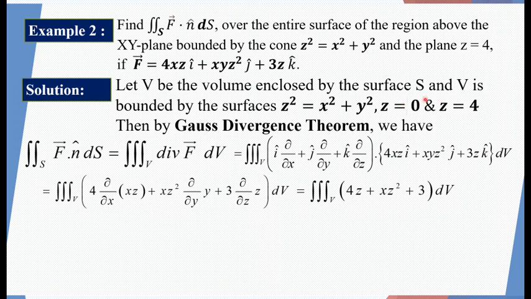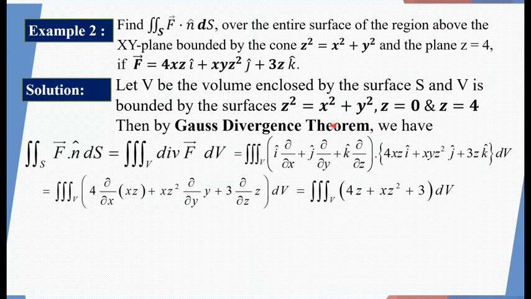So the limits for z are given, z equals 0 and z equals 4. So these are the constant limits, so we can take these outside, and for the limits of x and y we use this particular cone, which is the surface. So if we have to find the value of x, then we can write x² equals z² minus y², so x will become plus minus square root of z² minus y², and we have to find it over the entire surface.